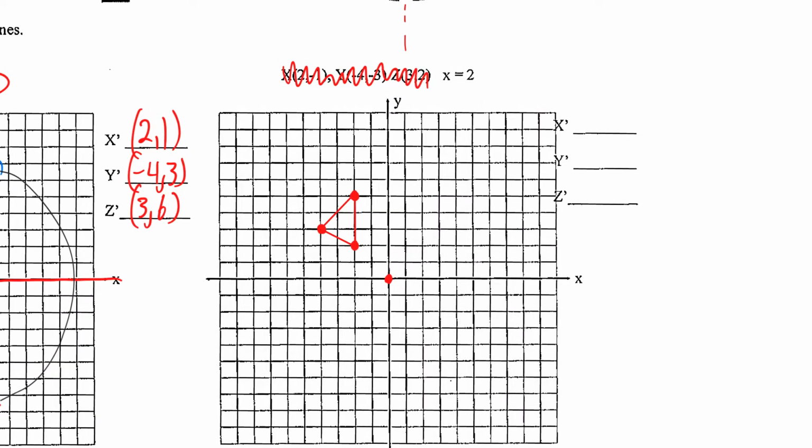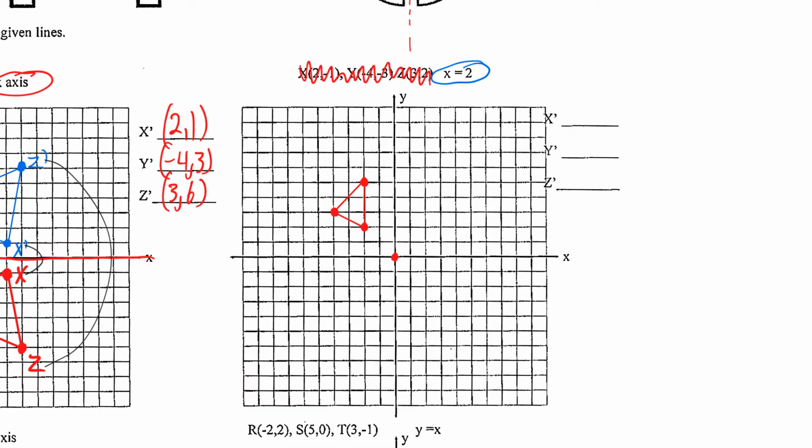Now on this one, we are reflecting it across the line x equals 2. So where is the line x equals 2? Okay, so it is this line right here. It's parallel to the y-axis, but it's going through the x value of 2 right here.